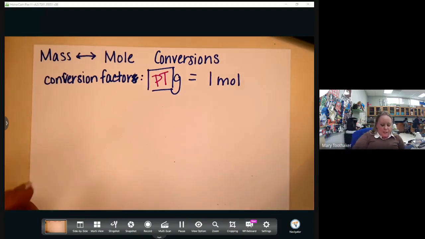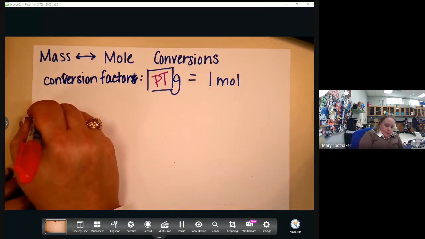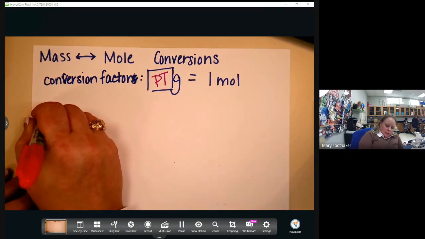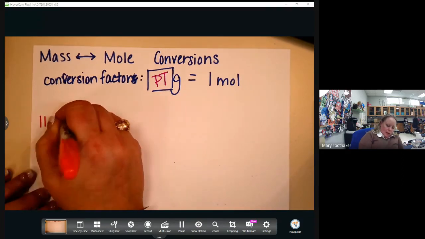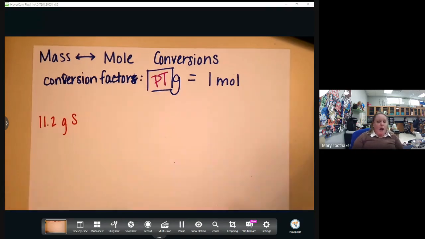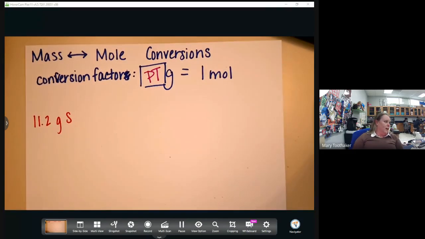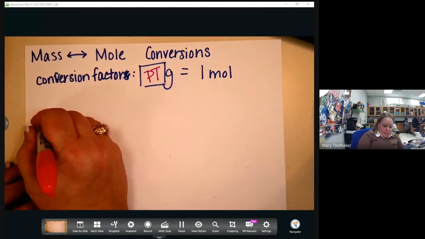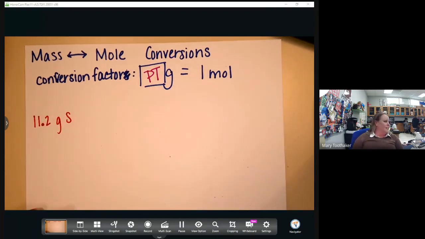Let's say I have a sample of 11.2 grams of sulfur. I want to know how many moles that is. I have a sample of sulfur and it has a mass of 11.2 grams. I'm making this up.